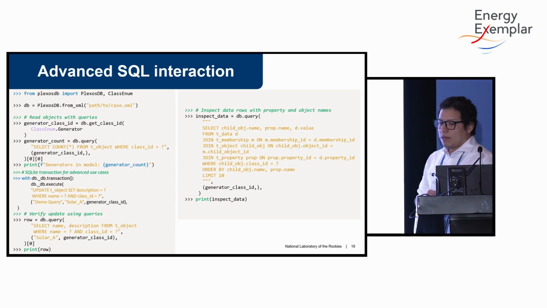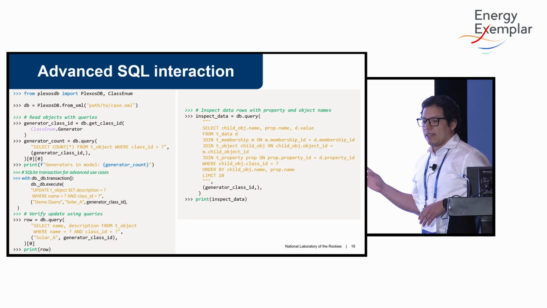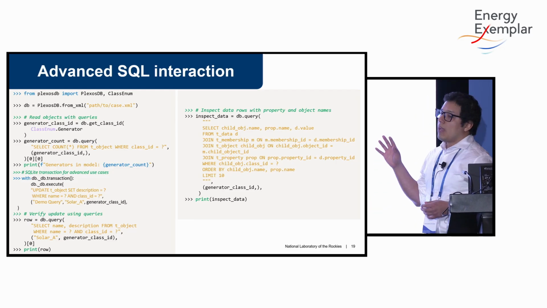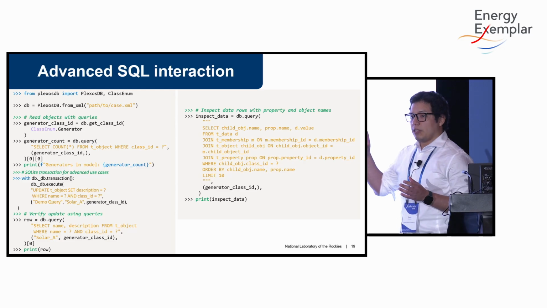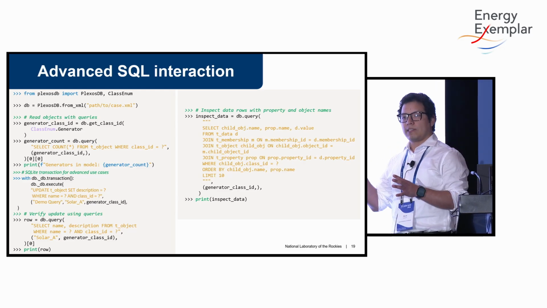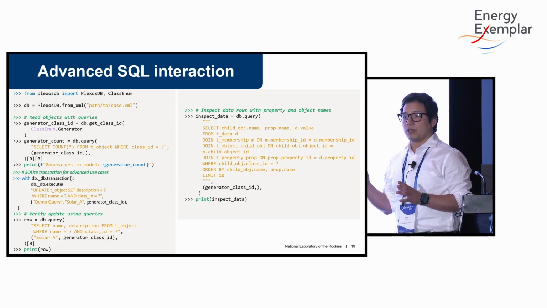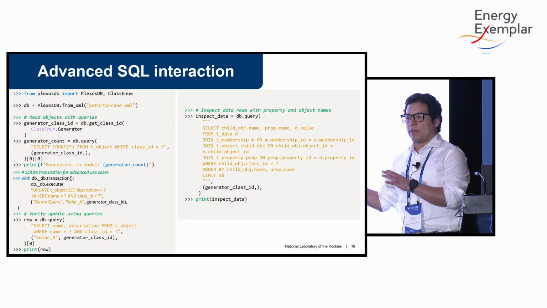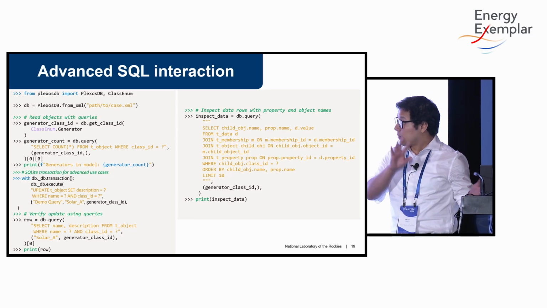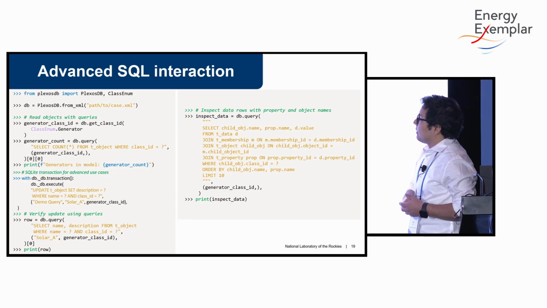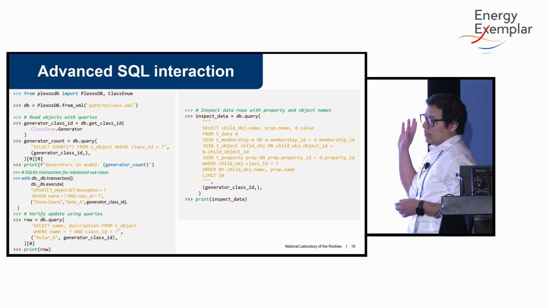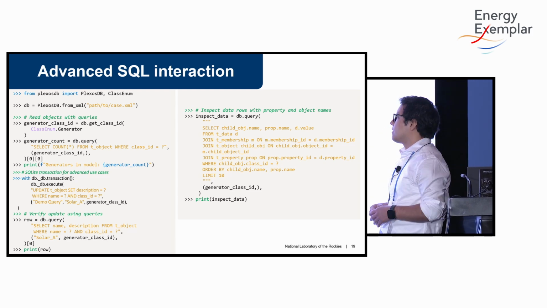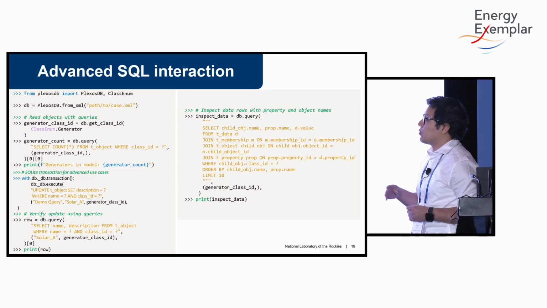Now, if you're a bit of a geek on SQL interaction, you can do pretty advanced queries, because as I was mentioning, imagine the whole PLEXOS ecosystem in the PLEXOS desktop that I'm pretty sure you know how to use. All of that is mapped into a SQLite database, and then you can just query directly, doing whatever query you want for extracting the memberships, properties, or whatever other transactions you want to use.